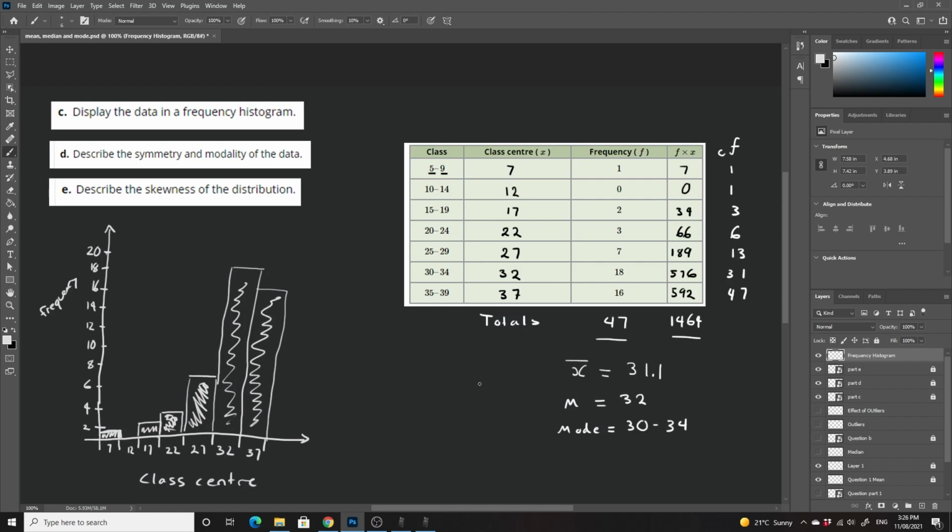So there's our frequency histogram using class center for each one of the intervals. So that's part C. So we'll just tick.